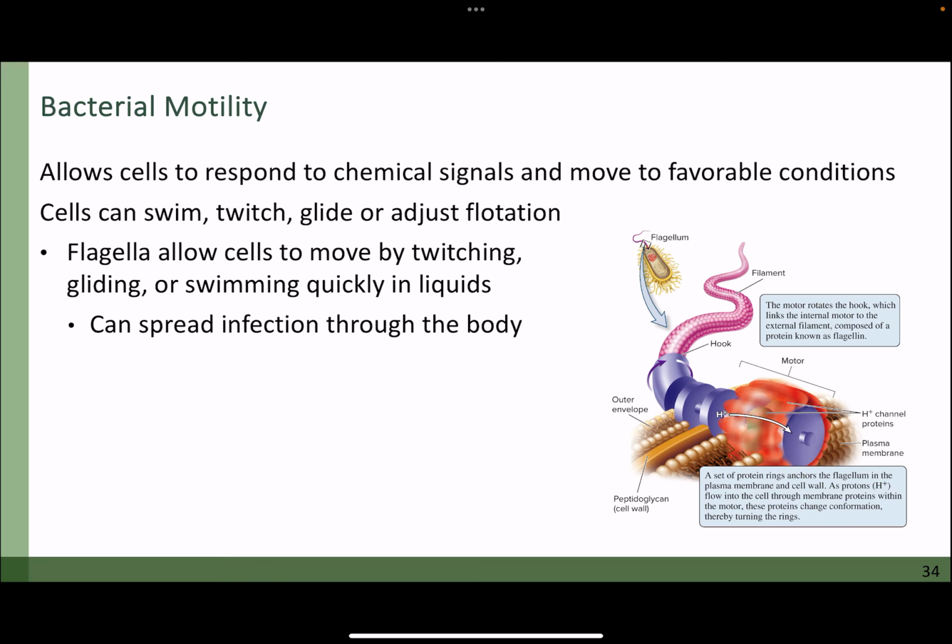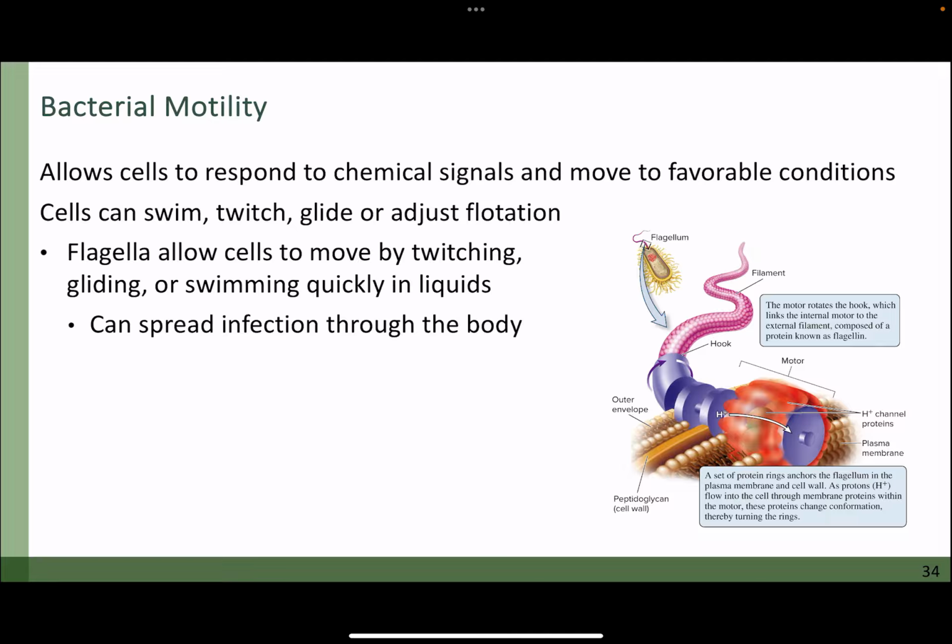So we mentioned bacteria motility. In general, bacteria are moving through their environment with this flagella structure. The flagella can allow the bacteria to swim. It kind of twitches, glides, or even just floats through the environment.